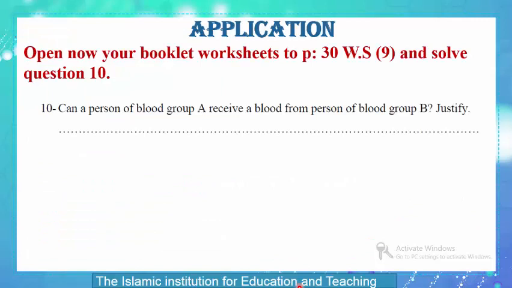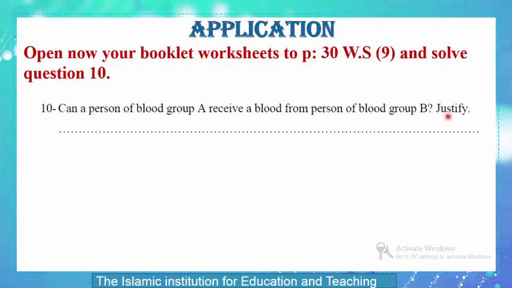As an application now, please open your booklet worksheets to page 30, worksheet 9, and let us solve question number 10. In this question, they are asking if a person of blood group A can receive blood from a person of blood group B, and we must justify the answer.